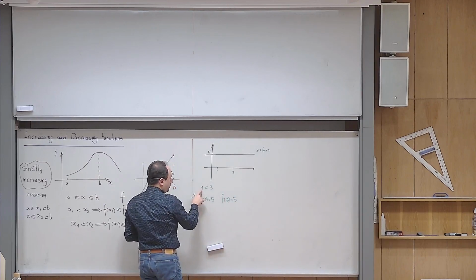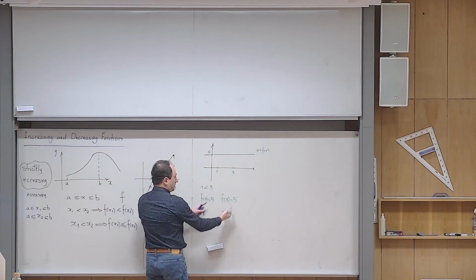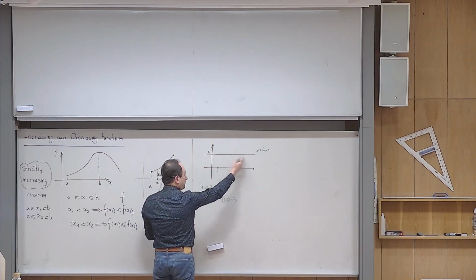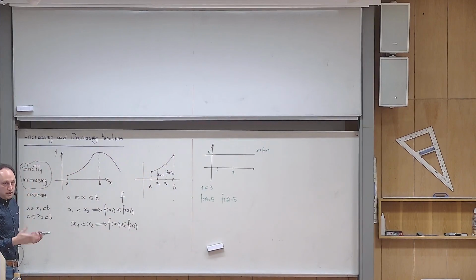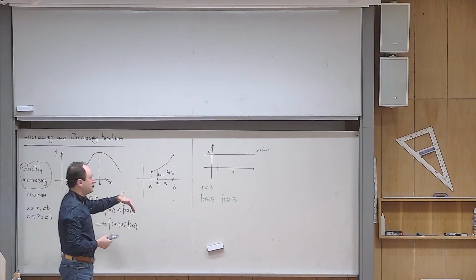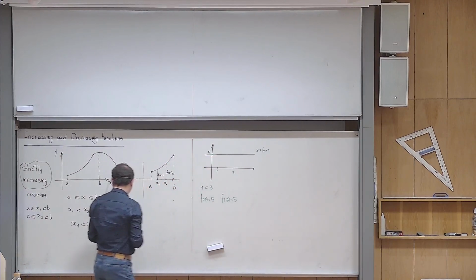So even though 1 is less than 3, f of 1 is not less than f of 3 because they are equal. So this function is not strictly increasing, but it is increasing. Of course this function is constant, but every constant function is also increasing and decreasing. So this is the scenario.